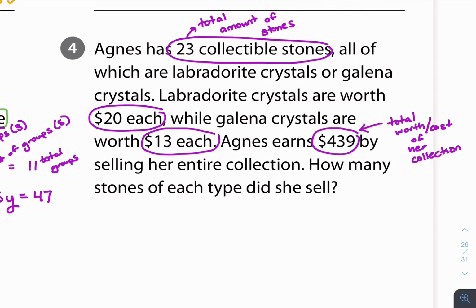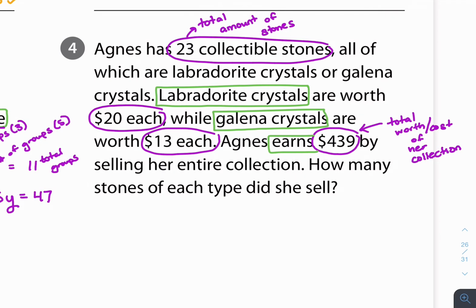All right, let's box any key terms. Well, we have the two situations here, the labradorite crystals and the galena crystals. Earns means she's gaining money and not losing. She sold her entire collection.